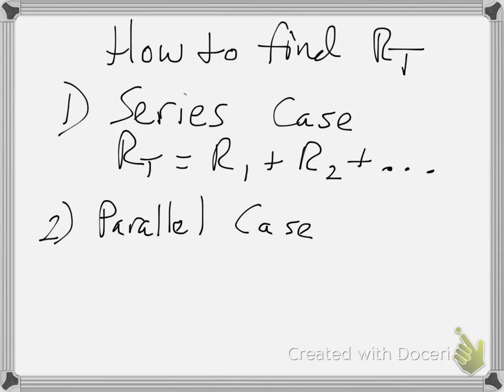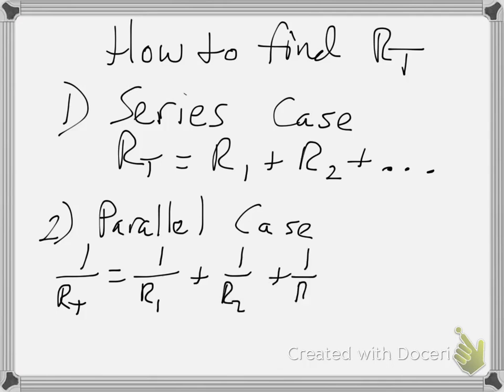But a detailed analysis shows that in the parallel case, the total resistance is found by taking the reciprocals of all your resistors. So 1 over the total resistance is equal to 1 over R1 plus 1 over R2 plus 1 over R3 plus however many other resistors you have in the parallel case.